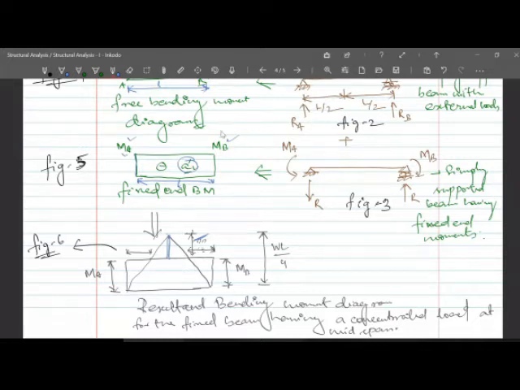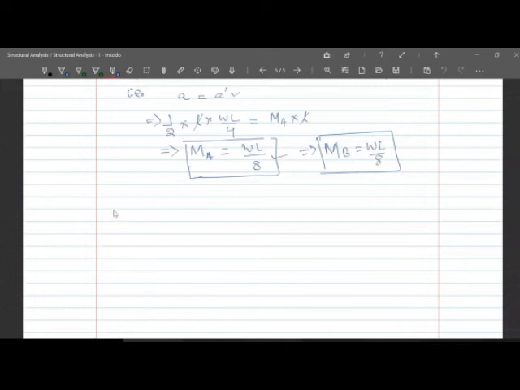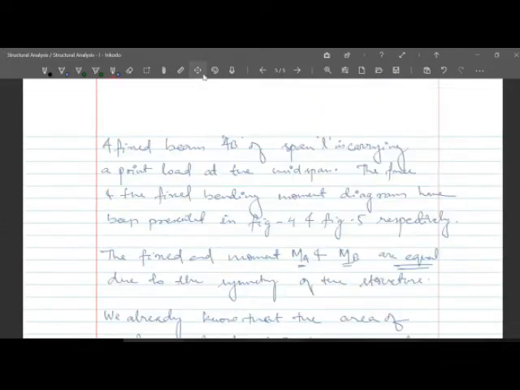So I can write it as, therefore, the bending moment at the mid span becomes Mx minus Mx bar. So what is Mx?